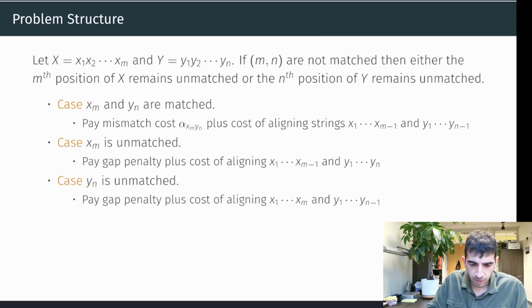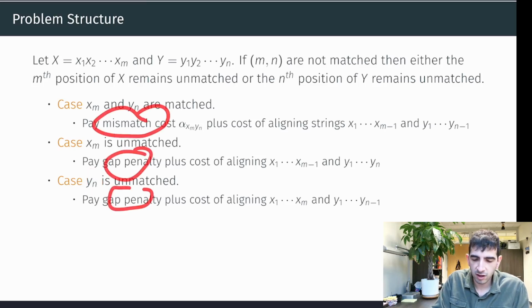So, three cases. Again, remember the strings are not necessarily the same size. We have the case where xm and yn are matched. We have the case where xm is unmatched, so this is the deletion instance. And we have the case where yn is unmatched. So we have a gap penalty, or a mismatch cost.